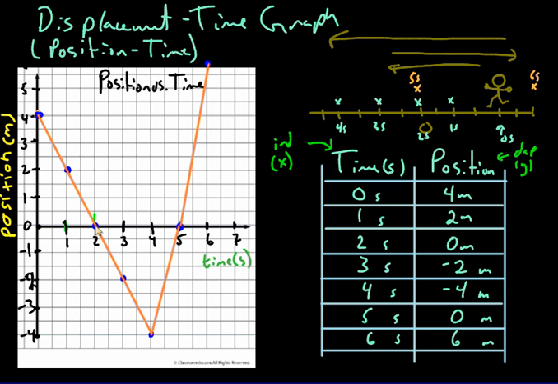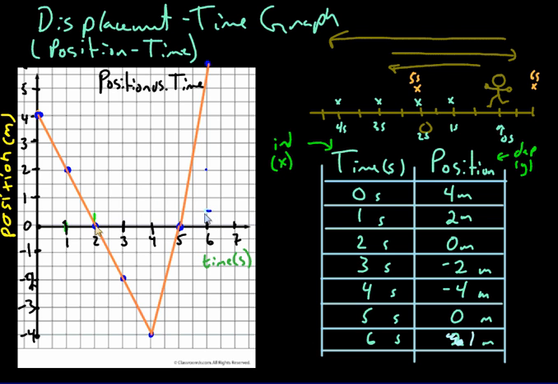Let's say our data were changed, so this were at 6 seconds, it was only at say 2 meters, for instance. Say it only made it to 2 meters over here. We could change this around. Actually, what if it was only at 1 meter? Just so we get some obvious difference here. Okay, so let's say this was at 1 meter, right?